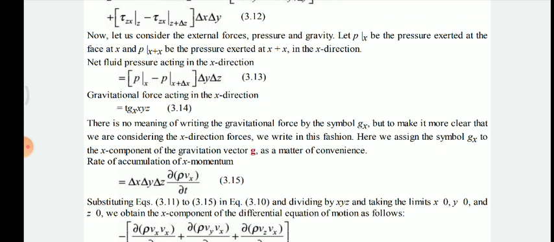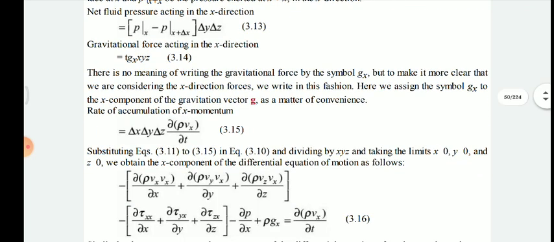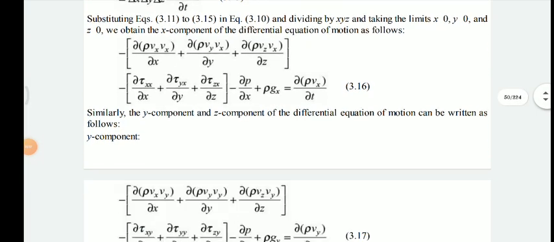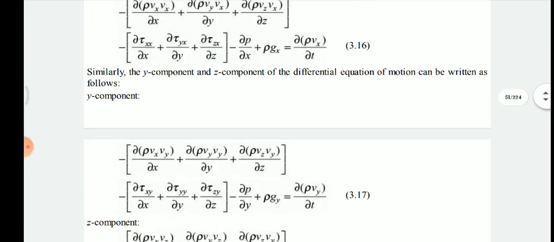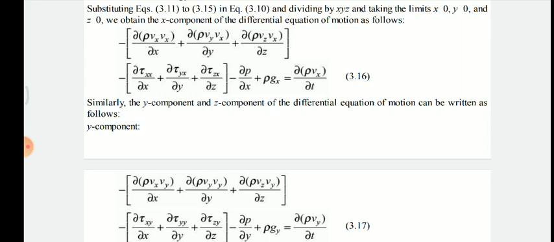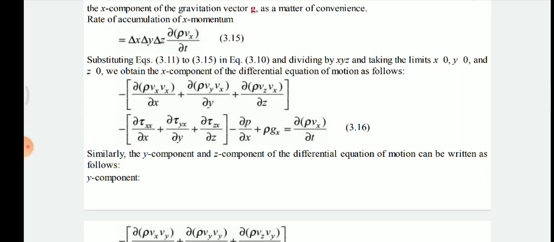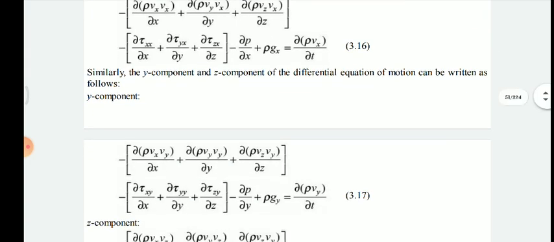From the equations 3.13 and 3.14 it will be delta x delta y and delta z, and the remaining as it is, del of rho vx divided by del t. Okay, so this is the equation number 3.15, and the other term comes simply from the equation of continuity. Try to solve this equation, and we will complete this theorem in the next lecture.